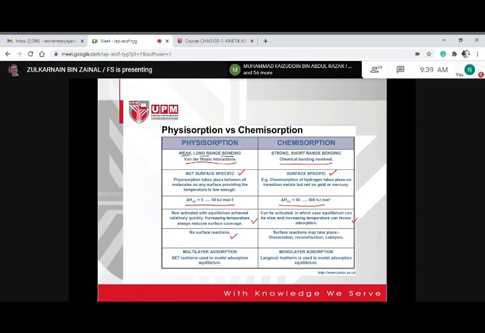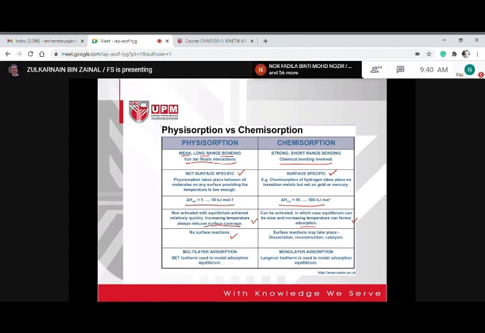Another thing is that increasing temperature always reduces the surface coverage, right? That is the characteristic of physisorption. While for chemisorption, increasing temperature can favor adsorption. All right, so you can get more adsorption to occur at high temperature.